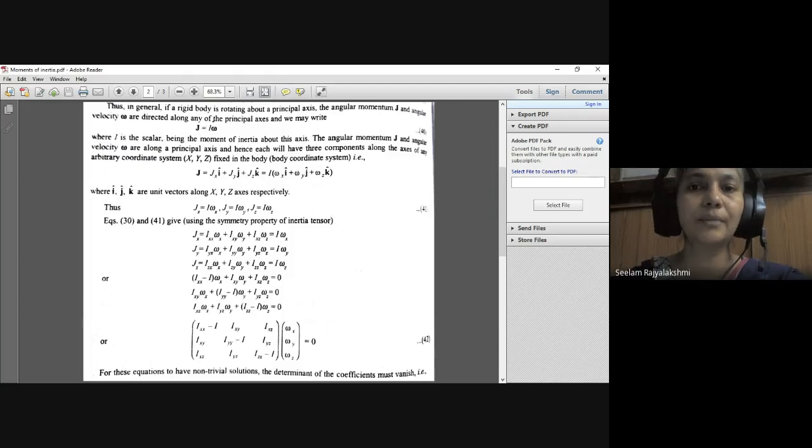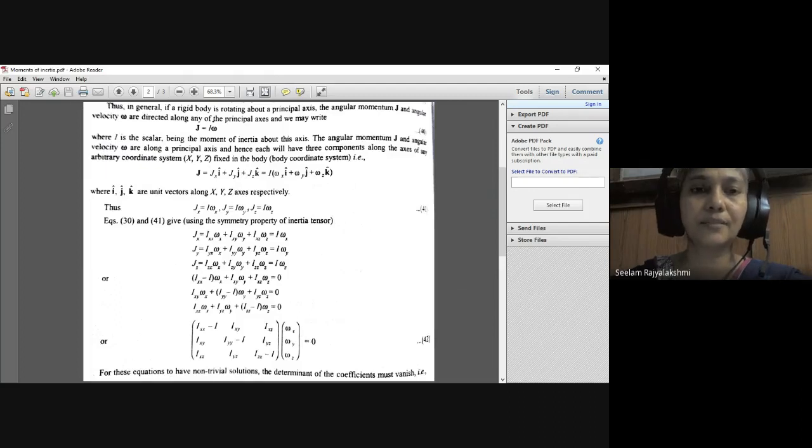So angular momentum J and angular velocity omega are along the principal axis and hence each will have three components along the axes of any arbitrary coordinate system x, y, z fixed in the body.